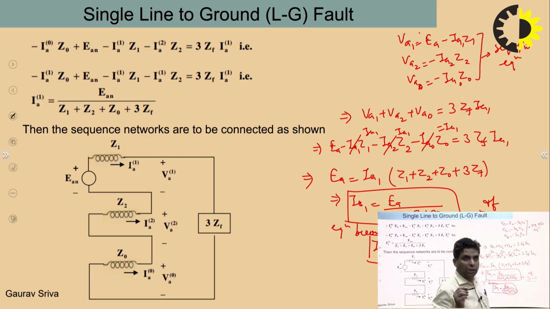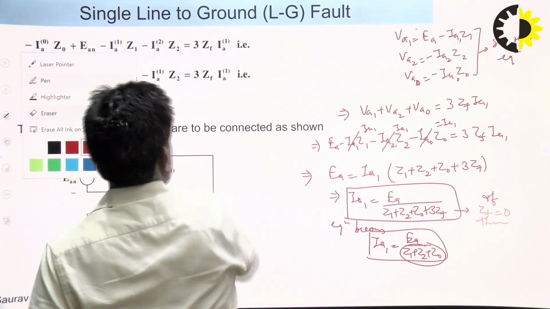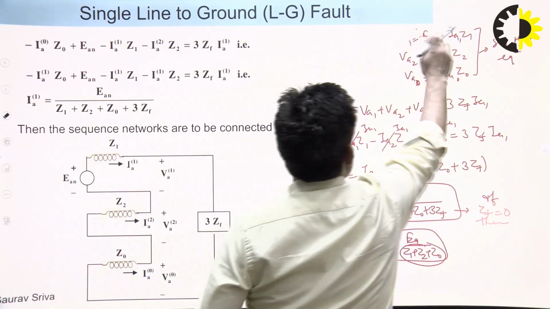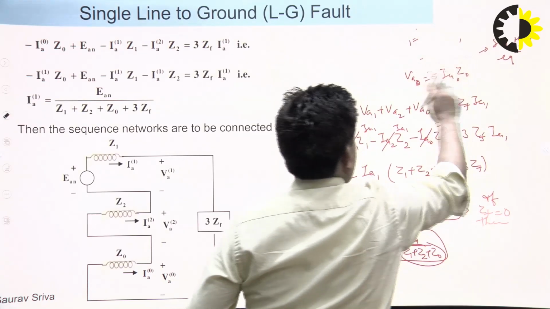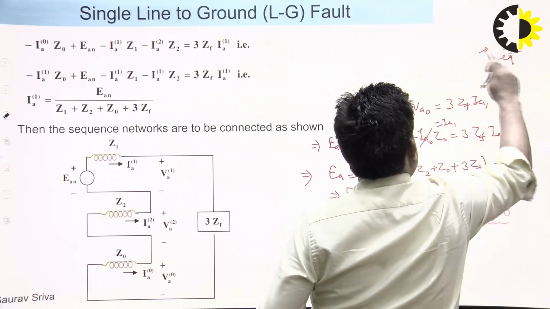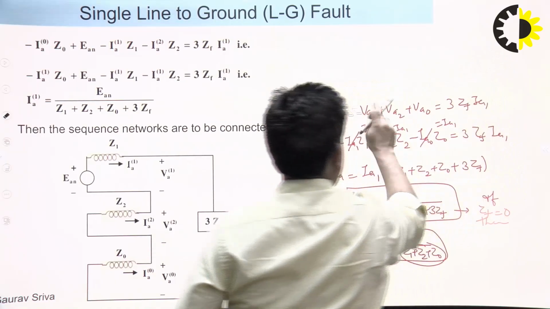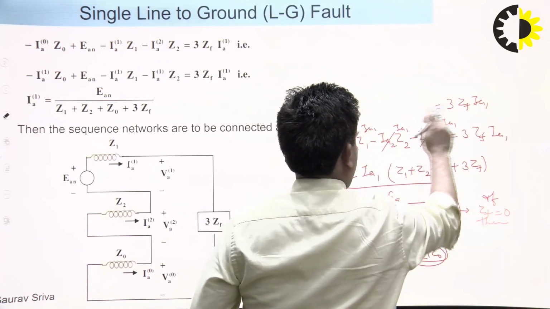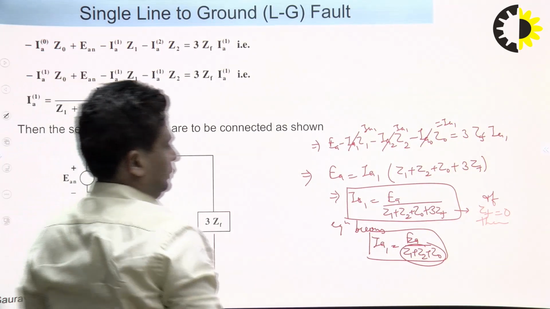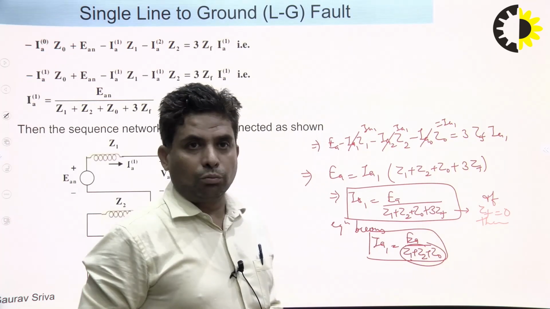So when we connect the sequence networks, from that point of view, we just draw it back. That means the positive, negative and zero sequence networks are all connected.